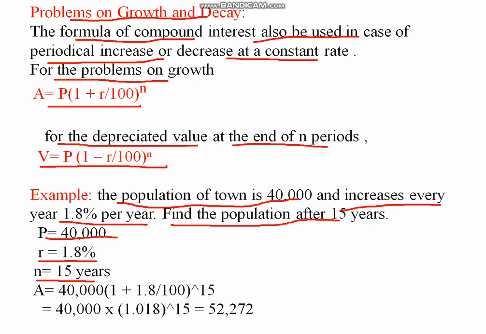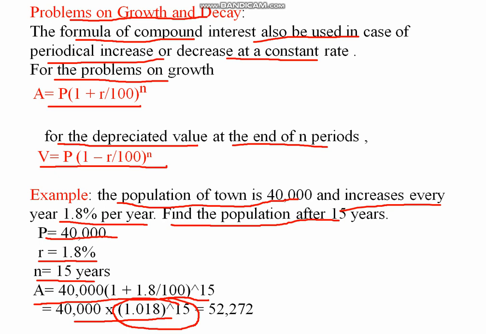So use the formula: amount A is equal to P in bracket 1 plus R upon 100 raised to N, that is 40,000 in bracket 1 plus 1.8 upon 100 raised to 15. So do the calculation: 40,000 into 1.018 raised to 15. How to calculate these terms? Take the multiplication of 1.018, 15 times, so you get this raised to power 15.